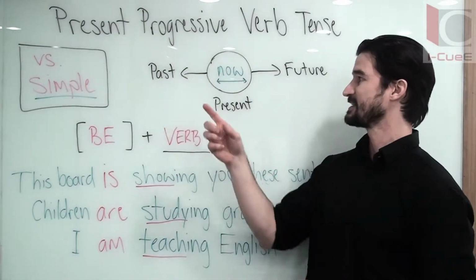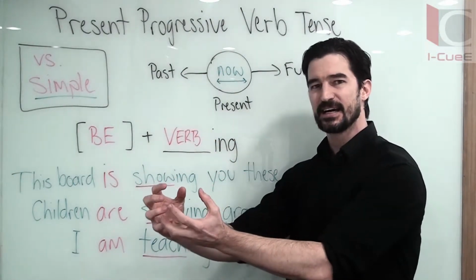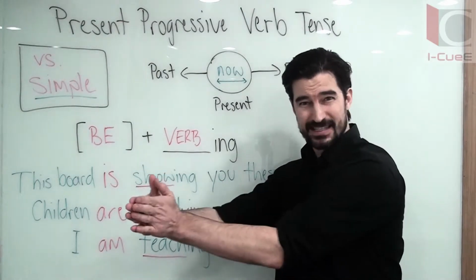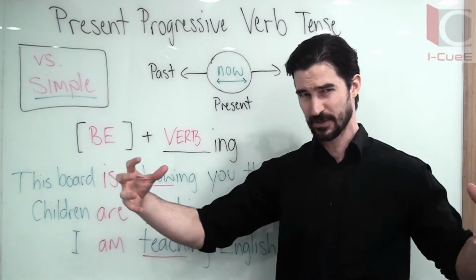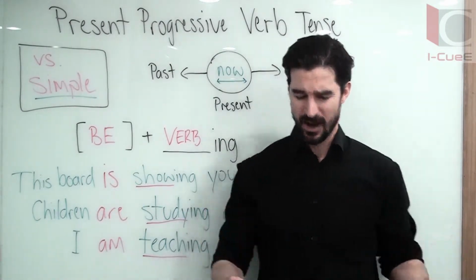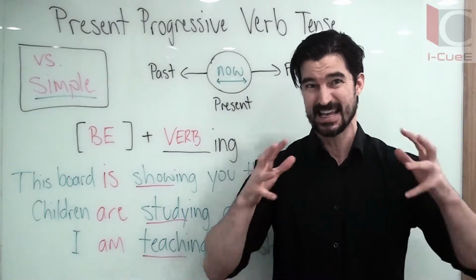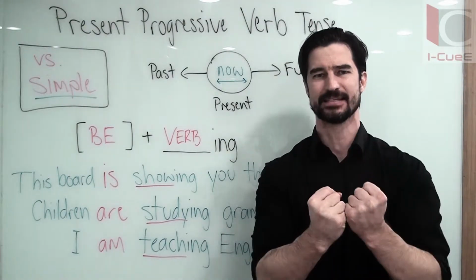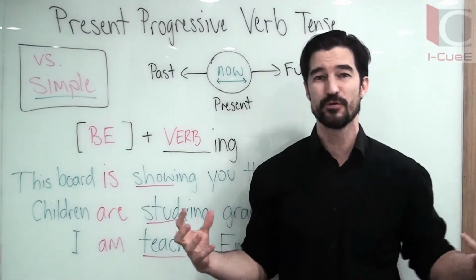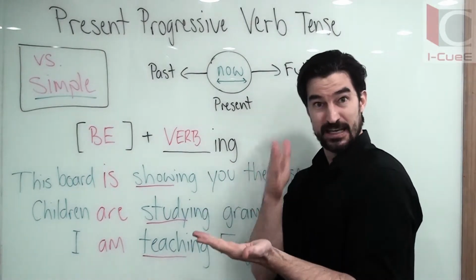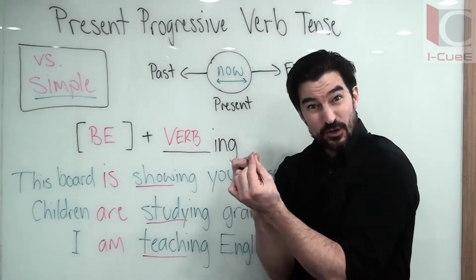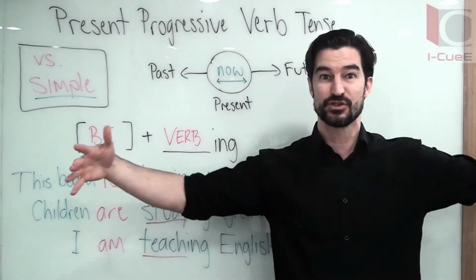So the present progressive takes this idea of time, or the present, and it gives it a little bit of space. It stretches it out a little bit, because we can't really talk about now or the present as this instantaneous moment. Time is always moving, and we can't stop and freeze it and talk about now like it's this little thing, because now keeps stretching.